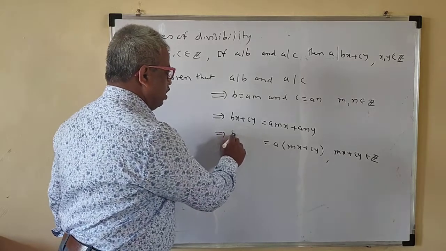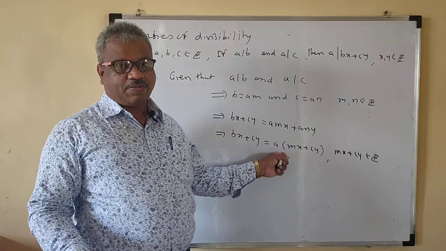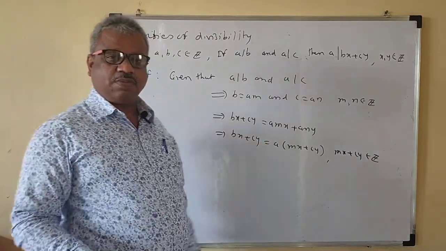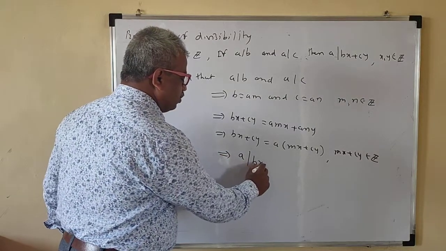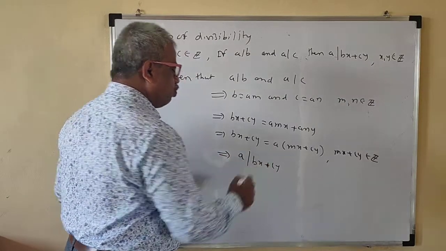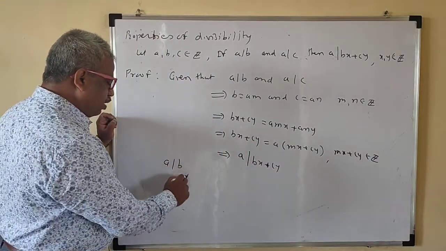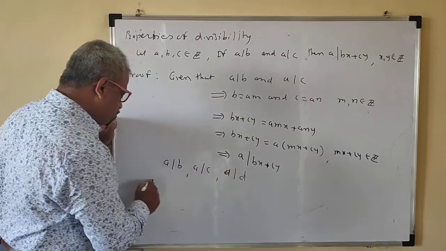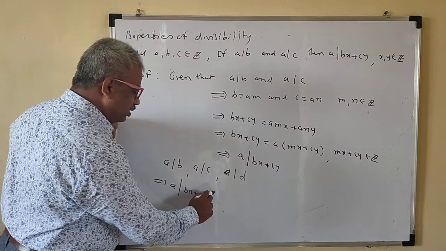Therefore, what have we done? This implies that Bx plus Cy is an integral multiple of A. We have proved that Bx plus Cy is an integral multiple of A. So by the definition of divides, A divides Bx plus Cy. So you may write minus here. What does this property tell us? If A divides B, A divides C, A divides D, then A divides Bx plus Cy minus Dz.